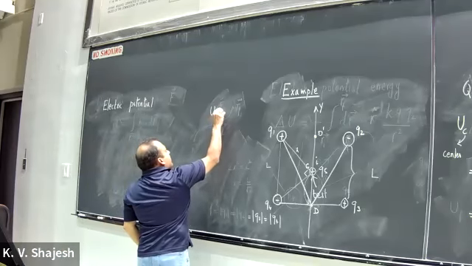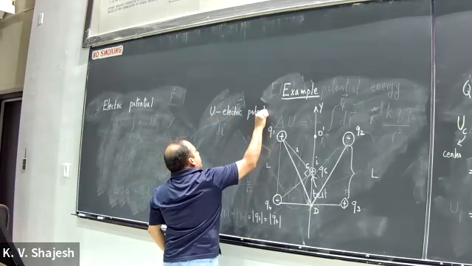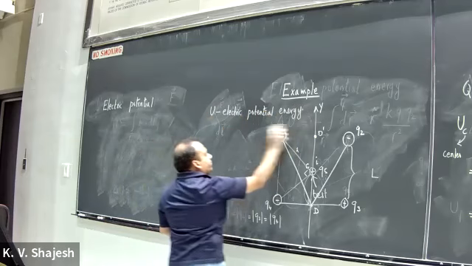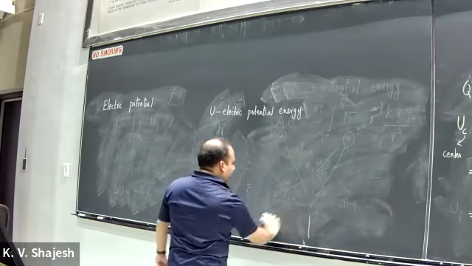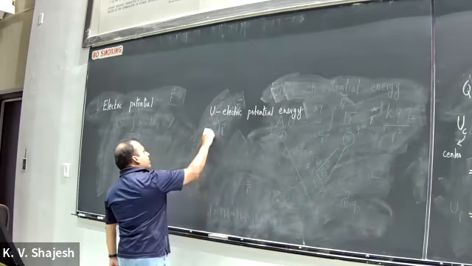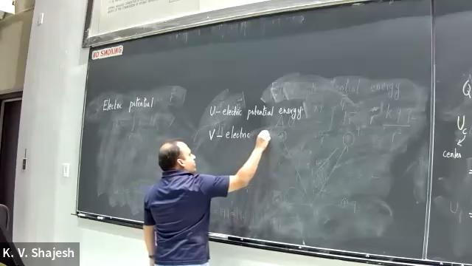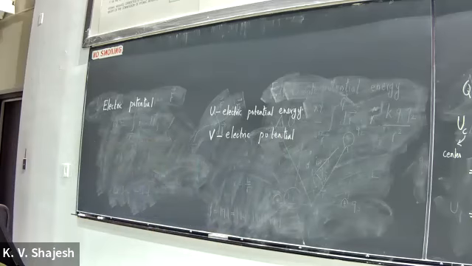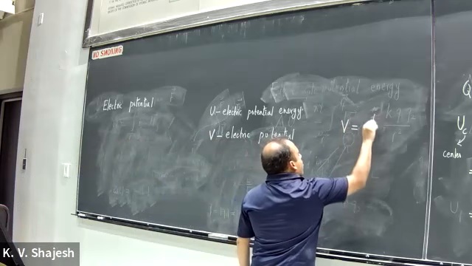So U will be electric potential energy, and V would be simply electric potential. Vocabulary wise, very closely related, but it's like a force and electric field. So very broadly speaking, V is U over Q.